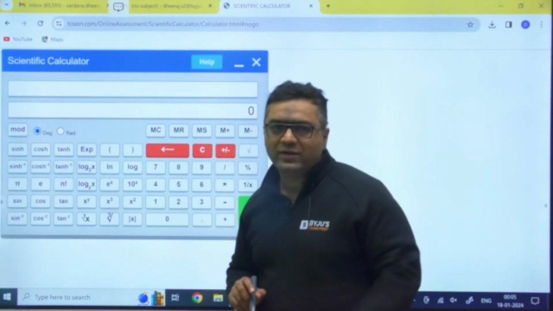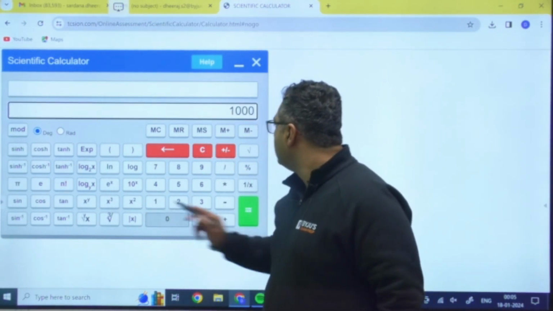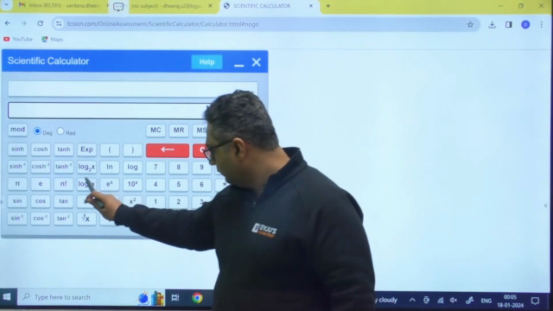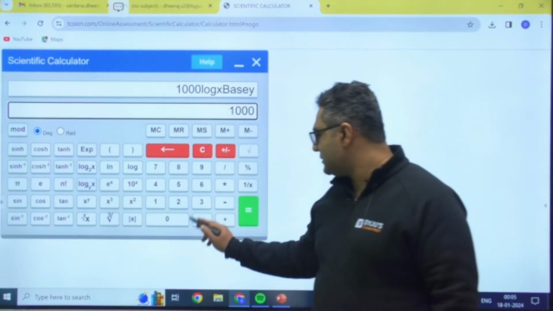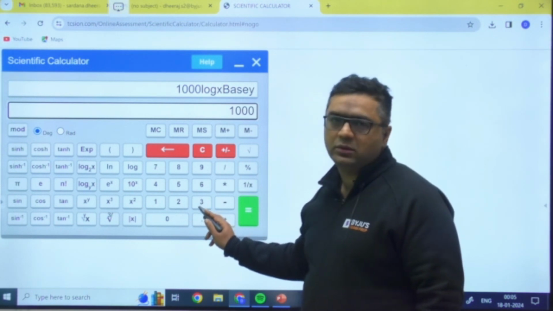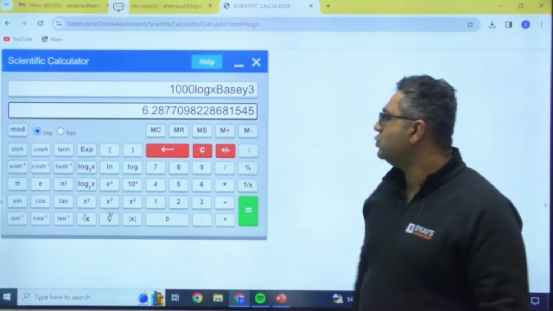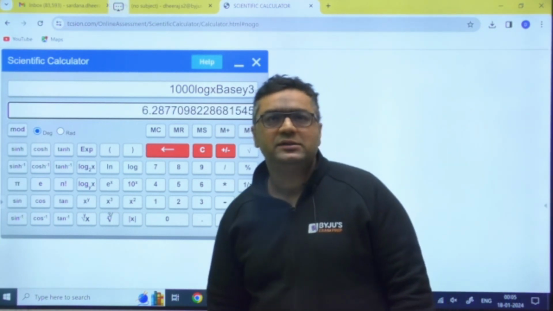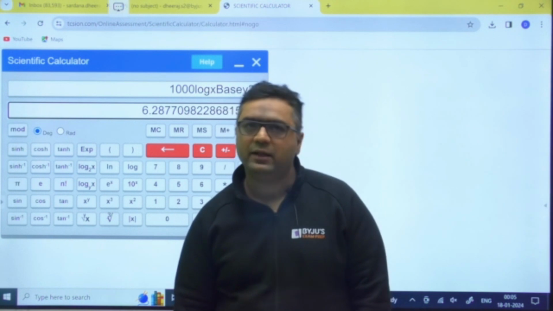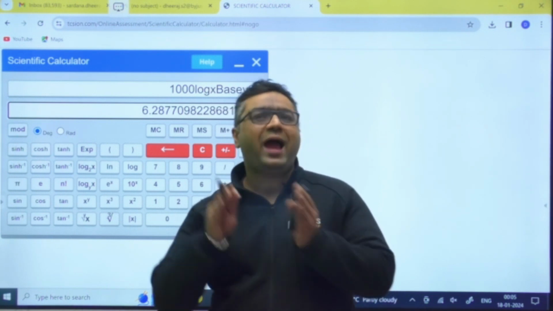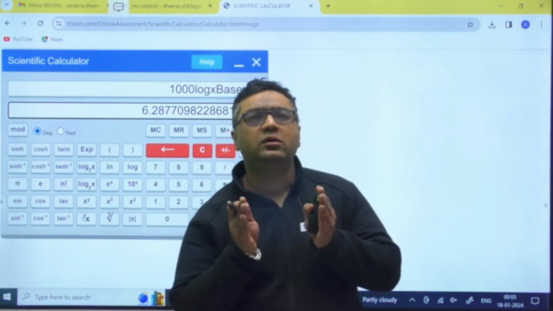You will go for first x, then function, then base. Base was 3. So you are going to get equals to 6.2877. This will be the value you would be getting. Okay. So first x, then function, then y.